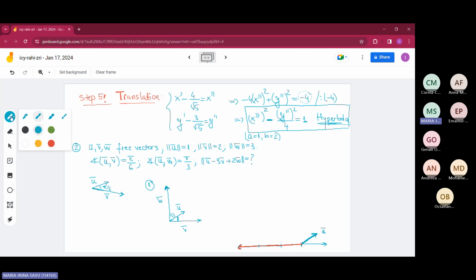And w means this. Okay, let's see. How do we add the vectors 2w and minus 3v?